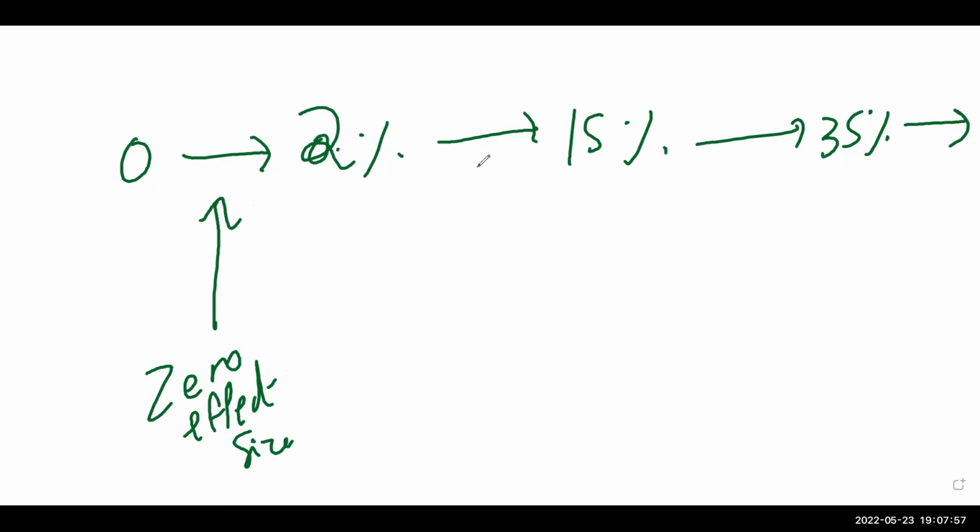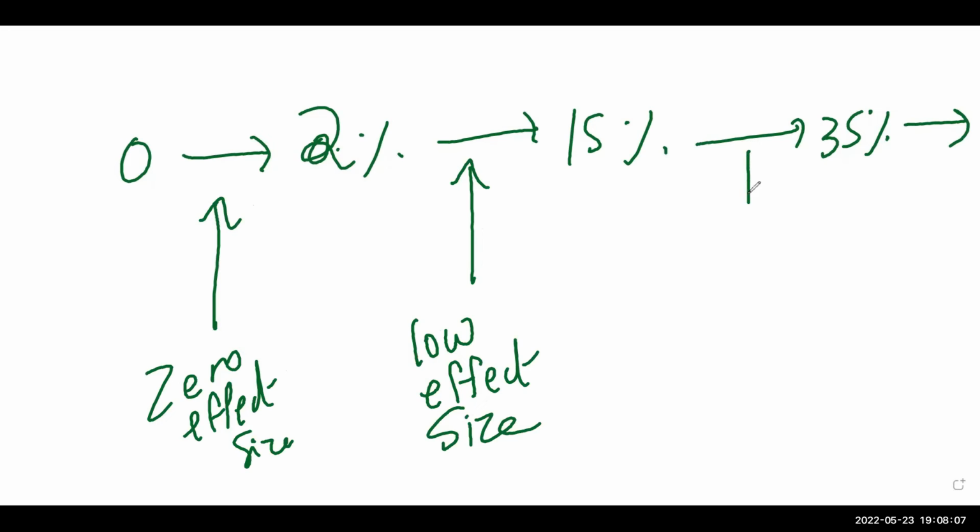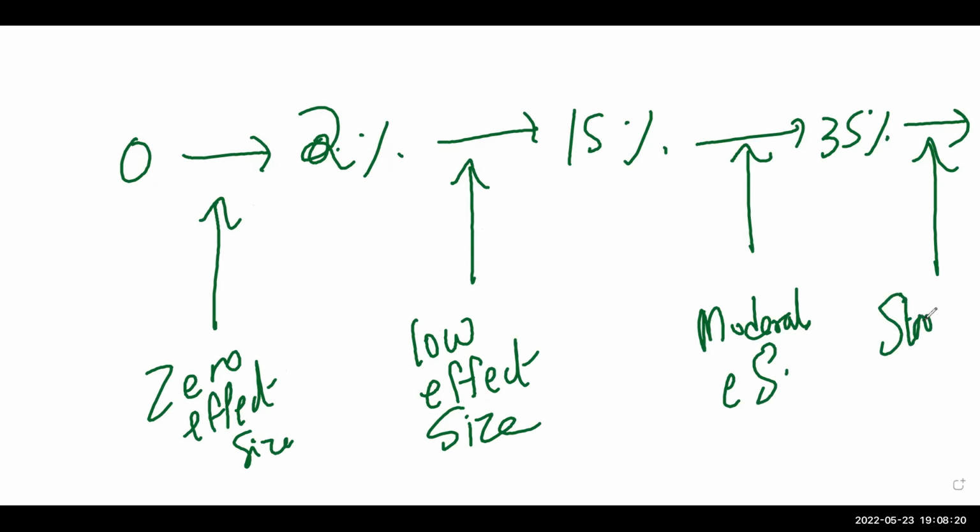If you have F square in the next range, you call it low effect size. If F square comes in the next range, you call it moderate effect size. And if F square comes in the last range, it is called strong effect size. So in this way, we calculate the importance of F square.